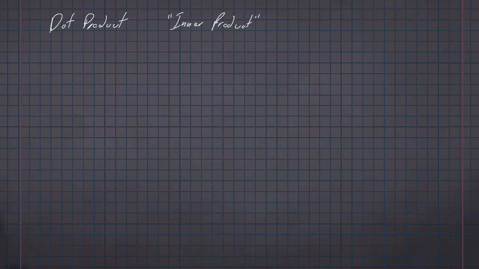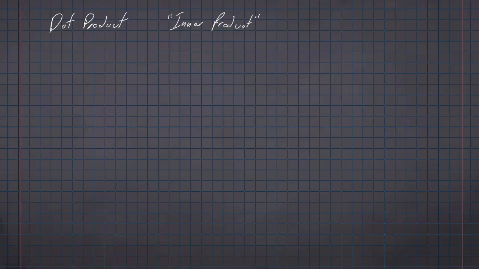Dot is the particular inner product for the Euclidean vector space. We'll be looking in the coming weeks at vector spaces other than the Euclidean one. Some of them will have an inner product which is different from the dot product.